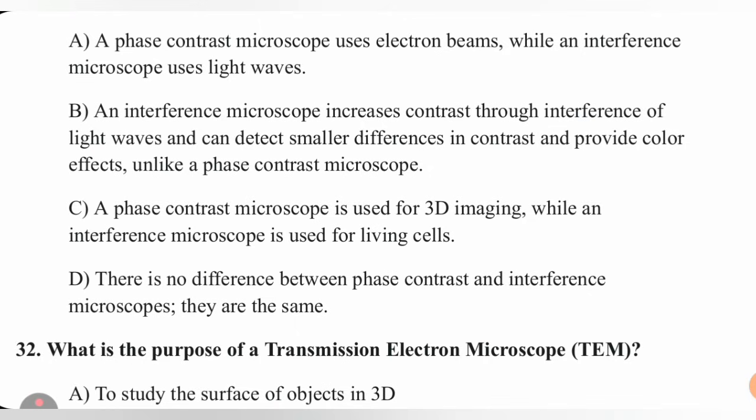C. A phase contrast microscope is used for 3D imaging, while an interference microscope is used for living cells. D. There is no difference between phase contrast and interference microscope. They are the same.